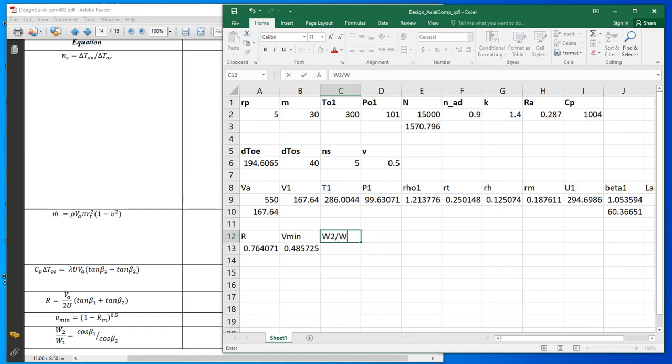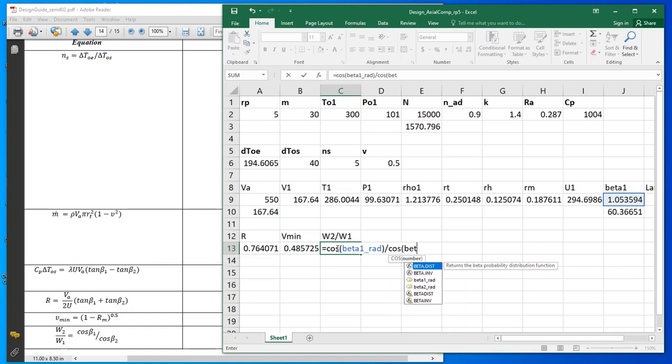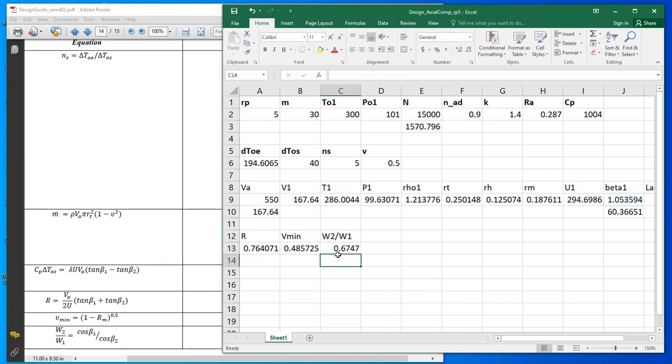So that is equal to cos of beta 1 in radians divided by cos of beta 2 in radians, and that value is actually not checking out properly, so we will put a red mark over here.